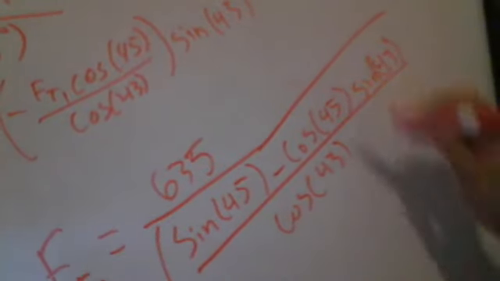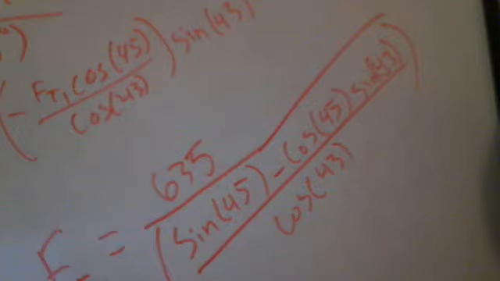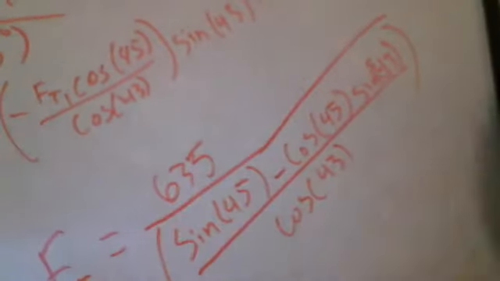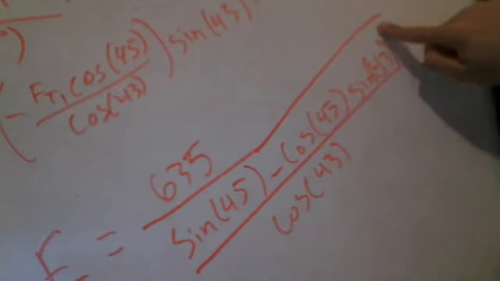My handwriting is getting sloppy the more tired I'm getting. It'll be that, and to solve for that, you just plug it into a calculator. Technically, this cosine would go to the top, so you can do that as well to help you solve on your calculator.